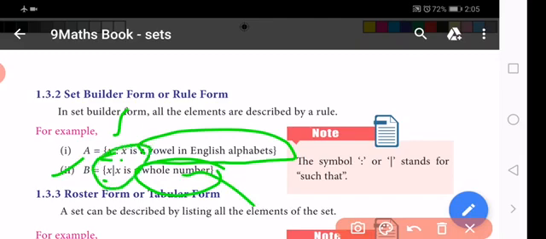So set builder or rule form means we describe a set by indicating the common property among all the elements. So this is the set builder or rule form.